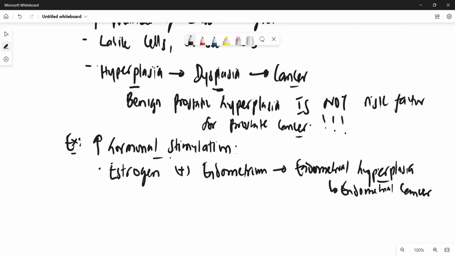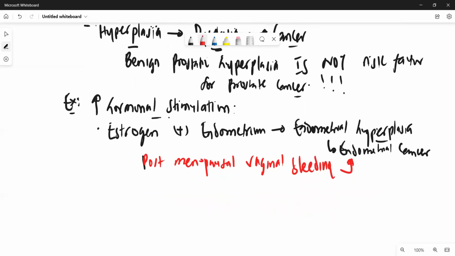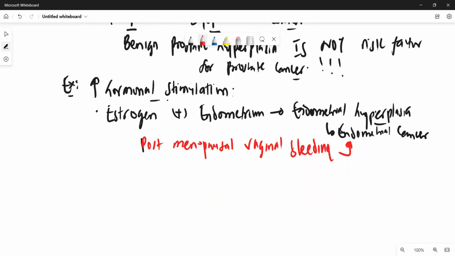Anytime you see a question of somebody who is postmenopausal with vaginal bleeding, you always want to think of endometrial cancer, right? And in that case, you do your endometrial biopsy to confirm your diagnosis. So that's one of the examples of hormonal stimulation.